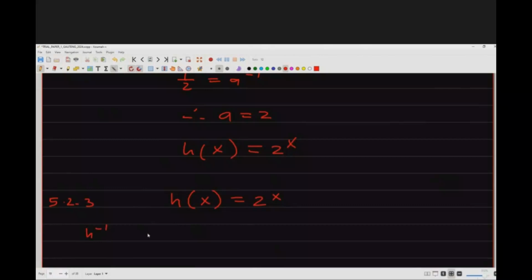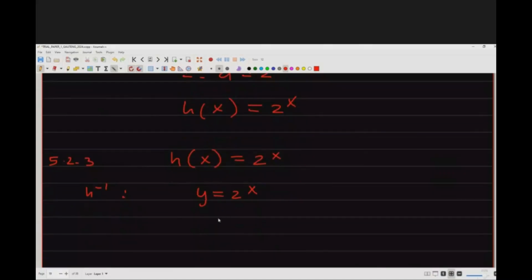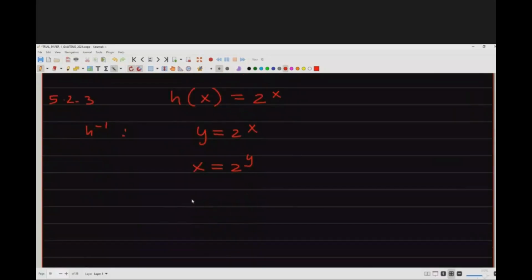So for h inverse, we'll consider y is equal to 2 to the x, and this becomes x is equal to 2 to the y. By using logarithms, y is therefore equal to log x base 2.